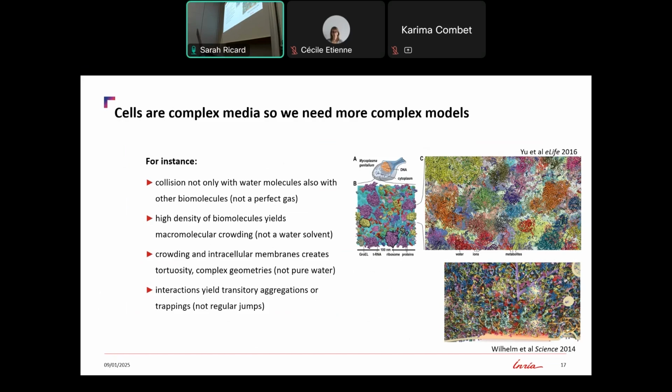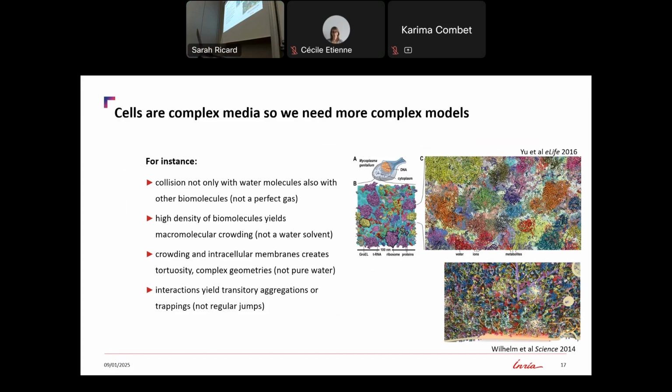It's more like random walking in a dense crowd, like when you go to a soccer game and exit the Geoffroy Guichard Stadium after the game. Maybe not these days, but 20 years ago you used to have a huge crowd, and walking there is much more difficult and different than walking alone. So you have collisions, not only with water molecules, but also with other guys like you, other biomolecules, other proteins. So it's not a perfect gas.